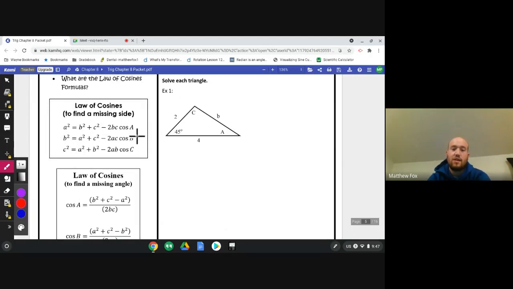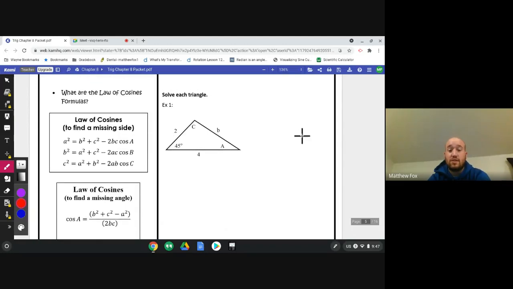So when we're solving, in my opinion, the first thing we should do is figure out what our third side is. So we're going to use this over here.